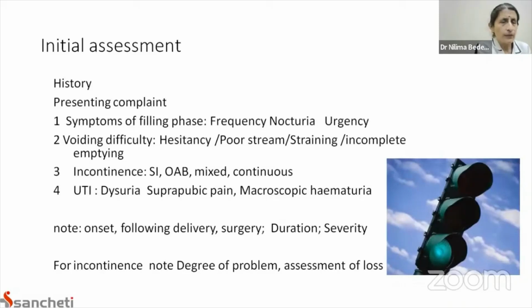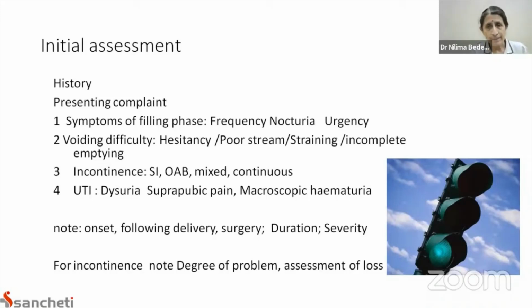So if we come across any lower urinary tract dysfunction, we need to have an initial assessment, which is very vital. We need the symptoms of the person: frequency, nocturia, urgency. We should know what is normal.